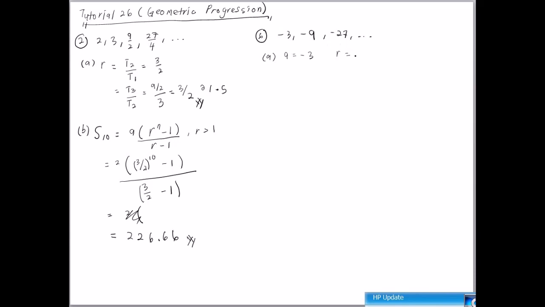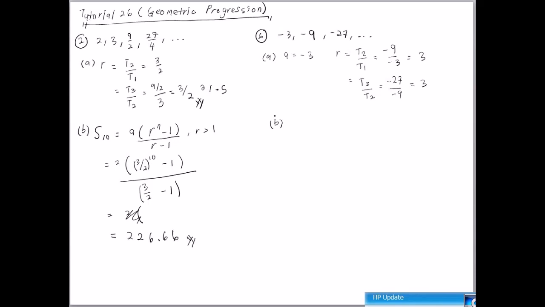And then to find R, let's start from T2 divided by T1. T2 is -9 divided by -3 equals 3. And then try one more. We take T3 divided by T2, -27 divided by -9 also equals 3. So a equals -3 and R equals 3.